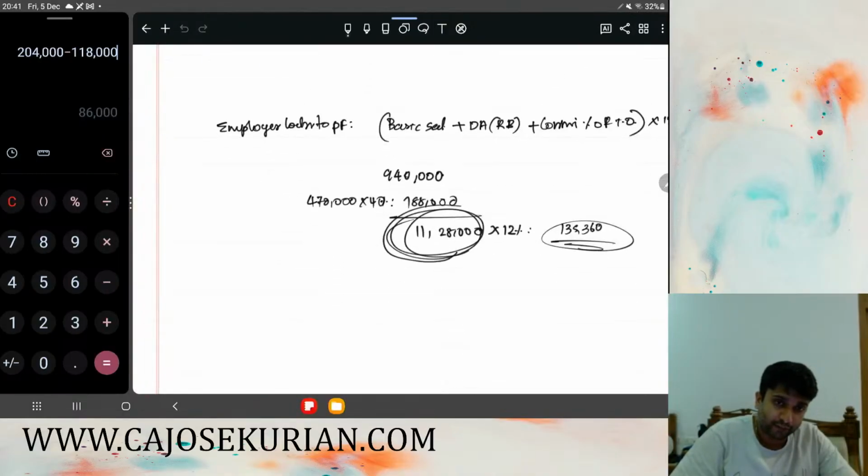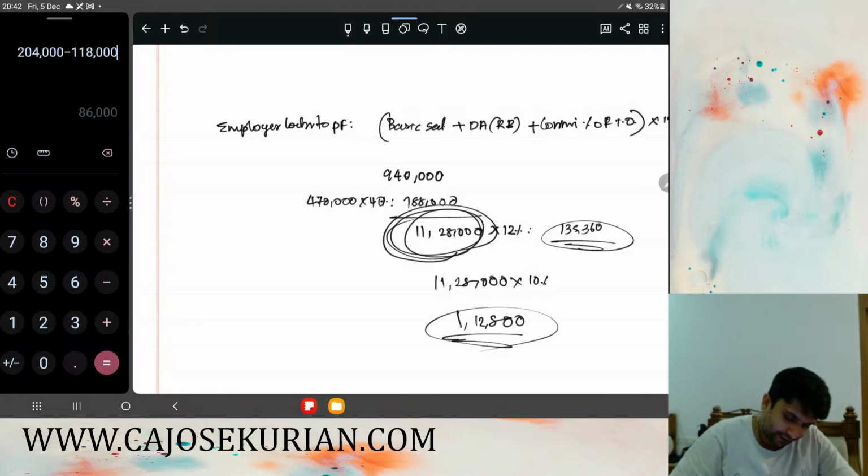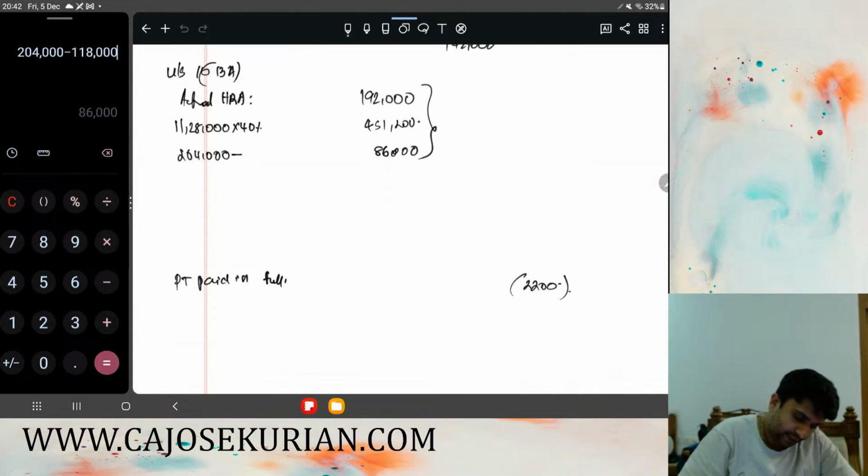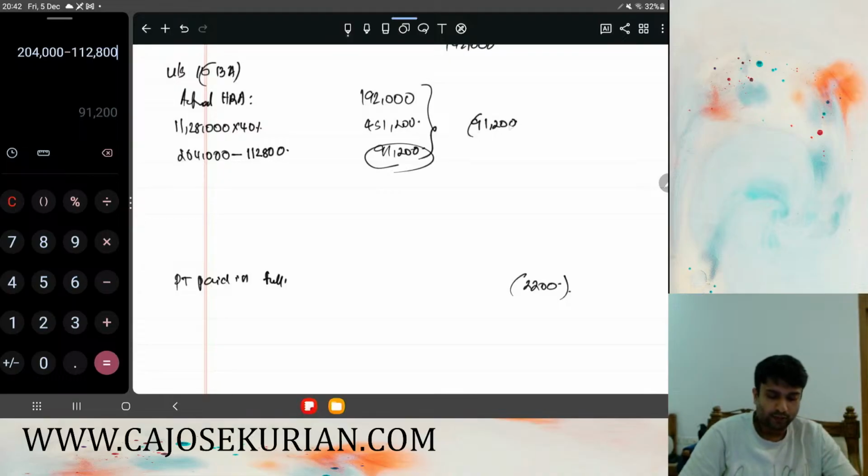Oh, thank you for reminding me. 10% of 11,28,000 will be 1,12,800. So 2,04,000 minus 1,12,800 will be 91,200. So lower is 91,200. You claim that as a deduction.